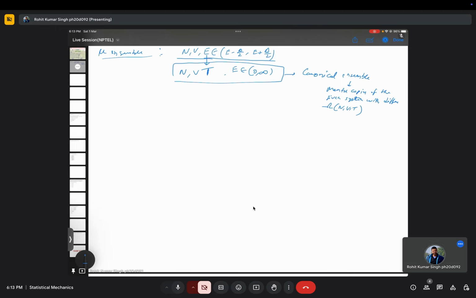So we recapped the microcanonical ensemble last time. Today let's discuss the canonical ensemble. Like I said, the canonical ensemble is where the energy is variable but the temperature is fixed.